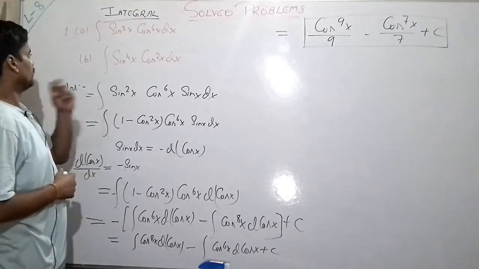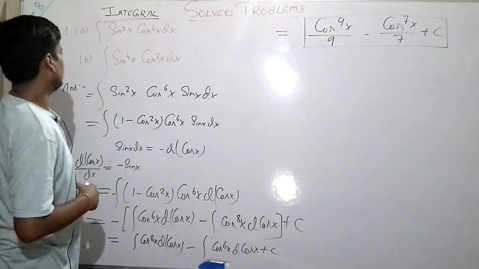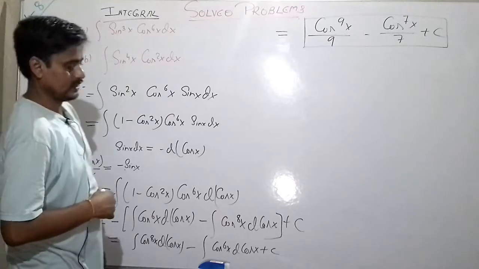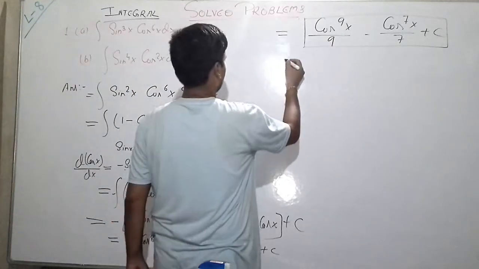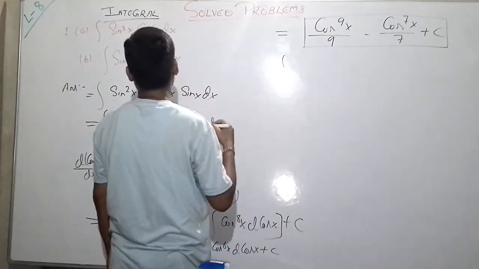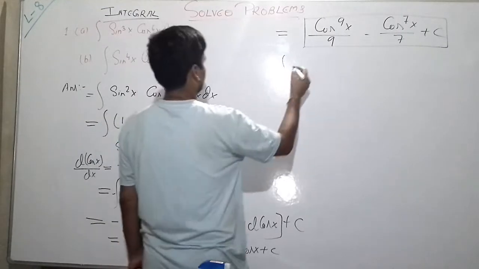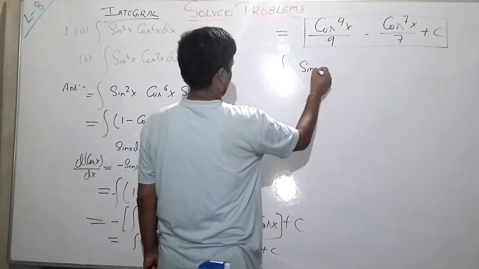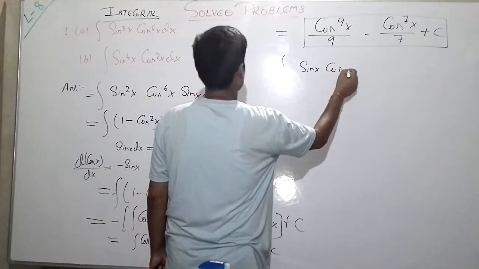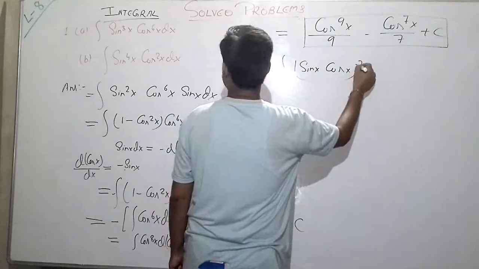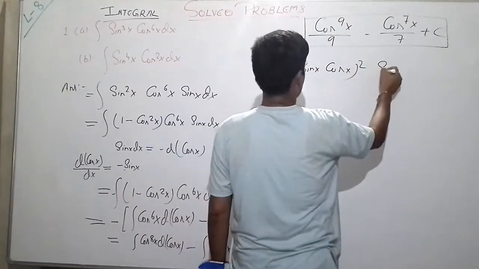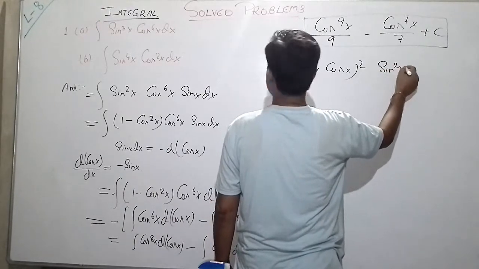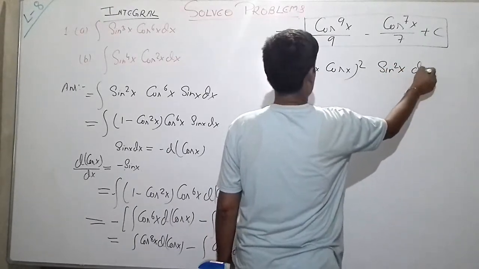Now let's come to the second integral, the integral of sin 4x cos square x dx. So sin 4x cos square x dx, we can write as sin x cos x to the whole square times sin square x dx.